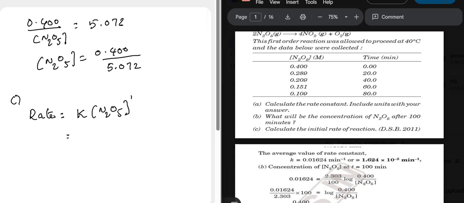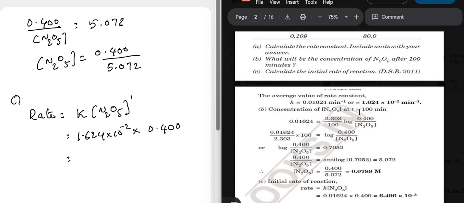So K's value we got before, 1.624 into 10 raised to minus 2, and initial concentration is 0.400. So when you multiply, you will get the initial rate. Suppose they are asking for the rate at 40 minutes, then the concentration of N2O5 you have to take as 0.209. Clear?